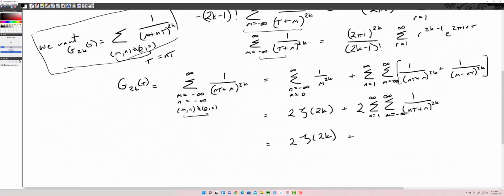And we have, did I leave this out? No, I didn't. We have 2 pi i, 2k over 2k minus 1 factorial, and we're summing. There's two of these.